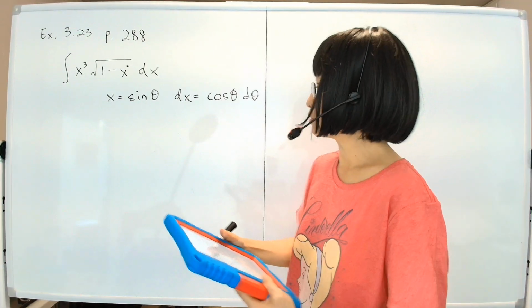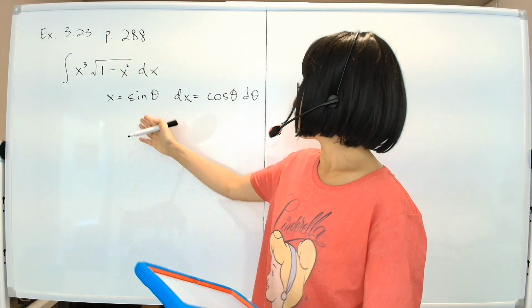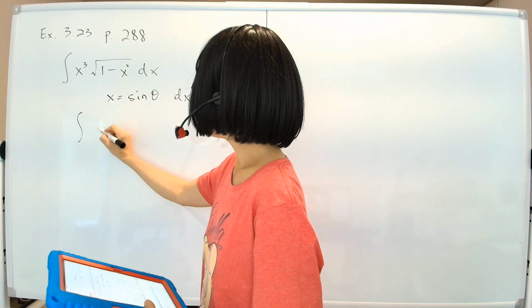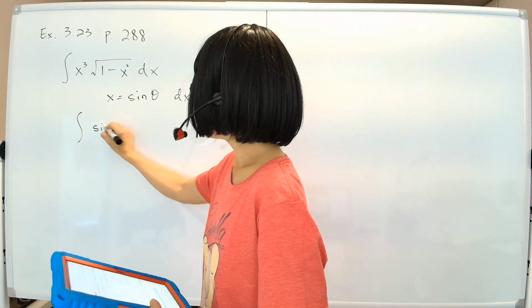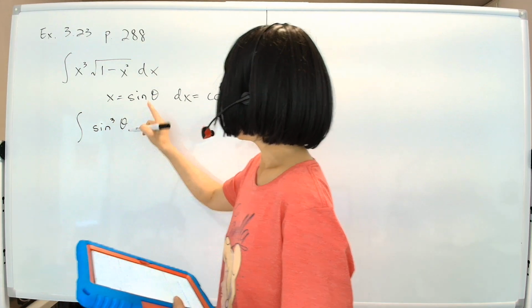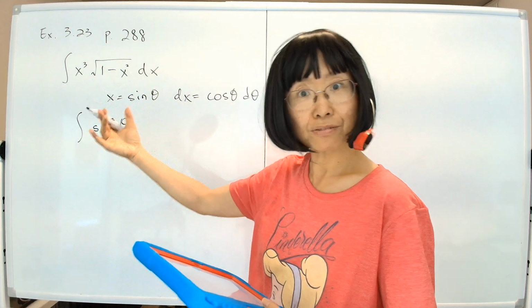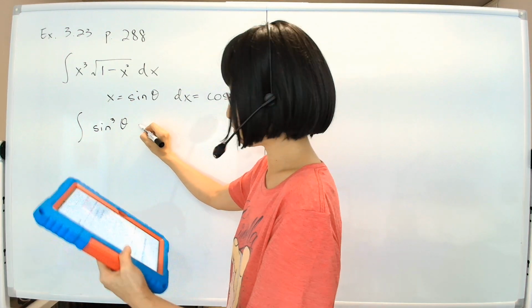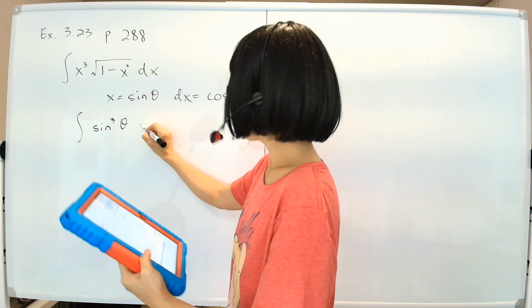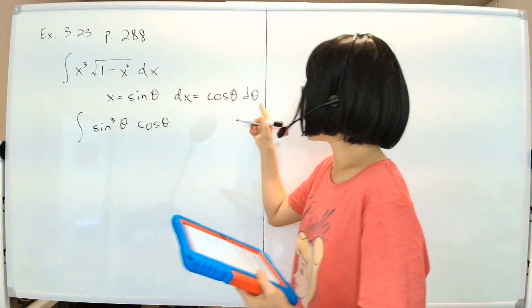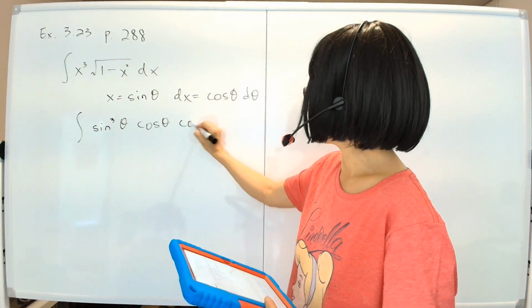At that point, we plug everything in. We get x cubed, which is sine cubed theta. And the square root of 1 minus sine squared is the square root of cosine squared, which is just cosine. And then the dx is another cosine theta d theta.